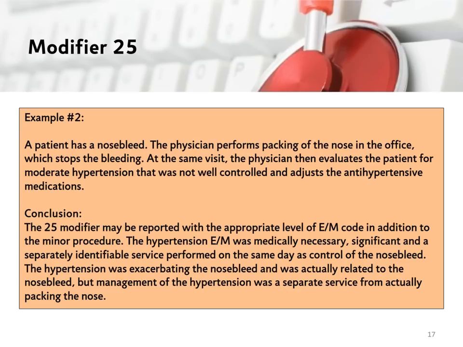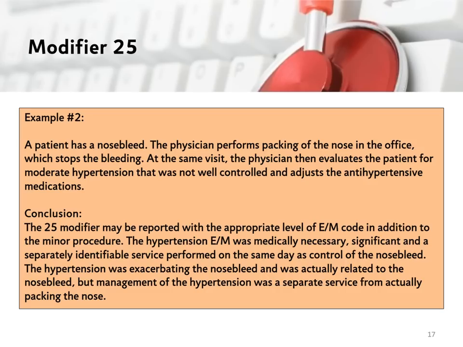Now we have another example. A patient has a nosebleed. The physician performs packing of the nose in the office, which stops the bleeding. At the same time, the physician then evaluates the patient for moderate hypertension that was not well controlled, and adjusts the antihypertensive medication. So in this situation, we would append the modifier 25 because the patient presented for a nosebleed.